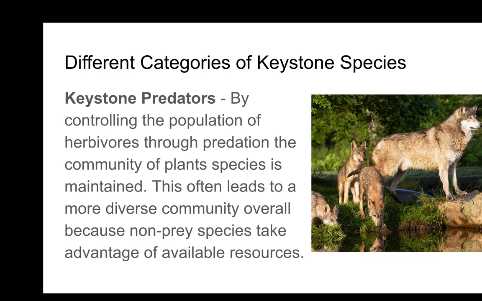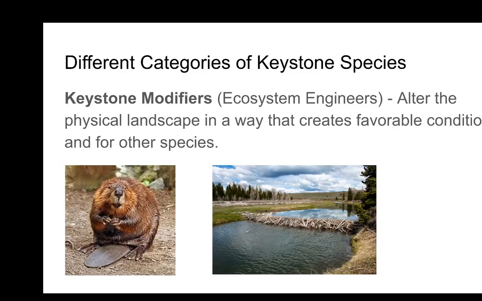I just wanted to expand the definition of keystone species here too. Often we think of keystone species as predators, and one of the important takeaways is that the presence of keystone predators means a more diverse community. Yellowstone and wolves are some really cool research into that if you want to look into that as part of a bioexploration or something. We've also got keystone modifiers, so beavers, that change the ecosystem in a way that allows other species to grow.